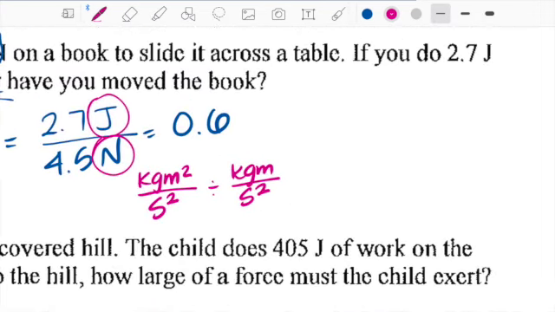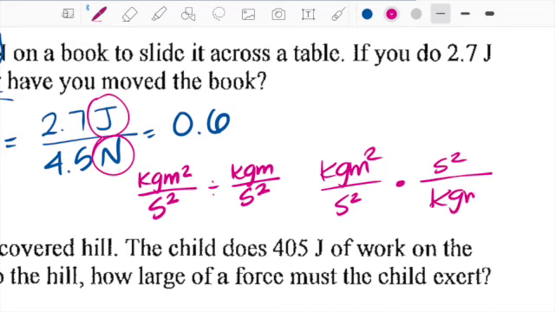If we turn it like in math with fractions, we have kilogram meters squared over seconds squared times seconds squared over kilogram meters. It means we will be canceling kilograms with kilograms, seconds squared with seconds squared, and this one with this one, so your answer will be given in meters. Sounds like it, right?